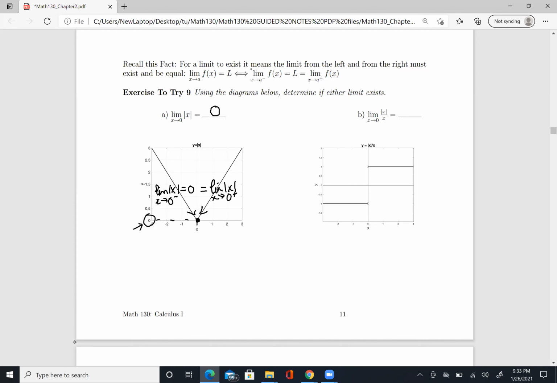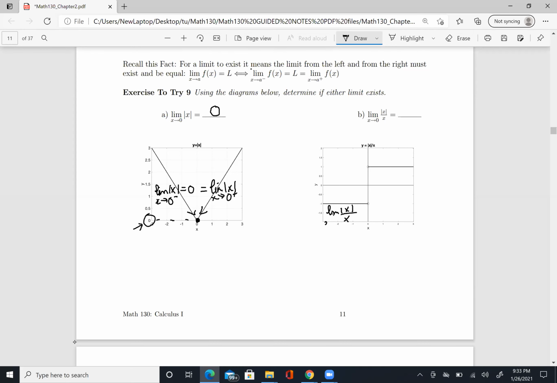Let's take a look at problem B here. The limit of the absolute value of x over x when x goes to 0. Let's see from the left-hand side, the limit of the absolute value of x over x when x goes to 0 from the left tries to go to where?